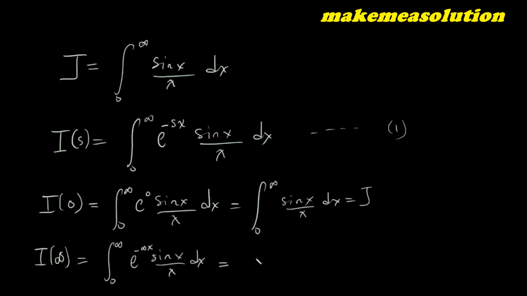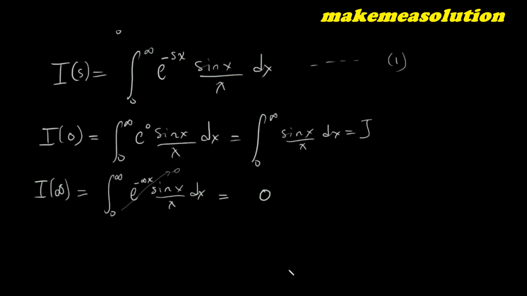This term goes to 0, because exponential minus infinity actually goes to 0. So 0 times anything is 0, and the whole integral results in 0. So if we subtract, I of 0 minus I of infinity is equal to J minus 0, which is equal to J.